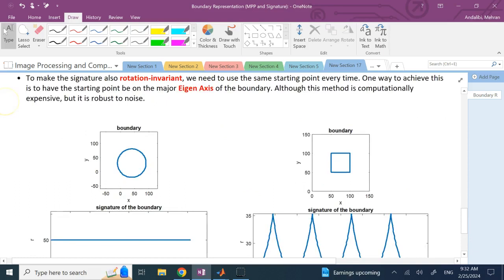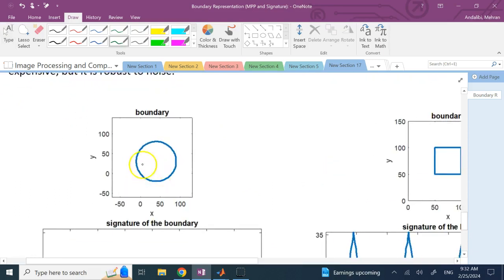What does that mean? So let's say here, if this is the boundary I want to describe, and this is the centroid point, so I draw, basically, it's like, imagine you have a scanning LiDAR. So you draw this line, and on this direction, on this theta of 0, you measure this radial distance r.